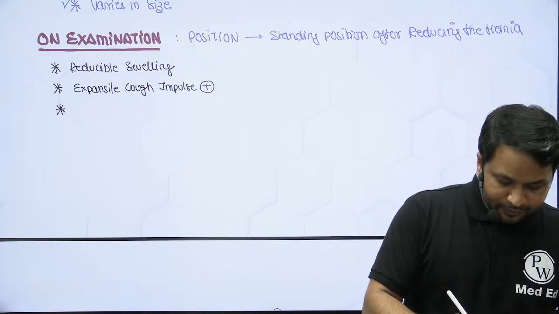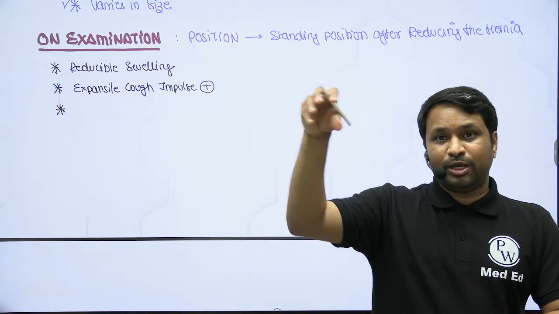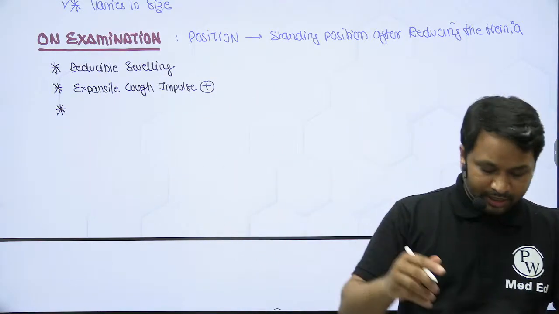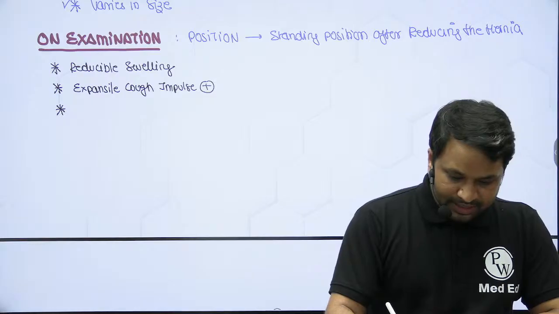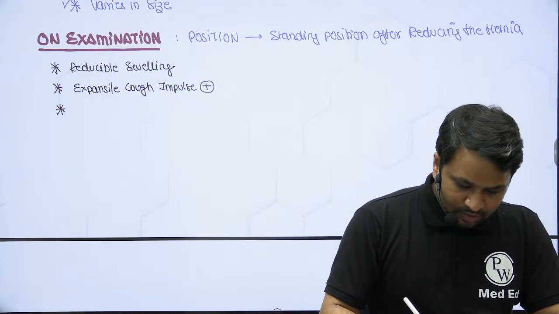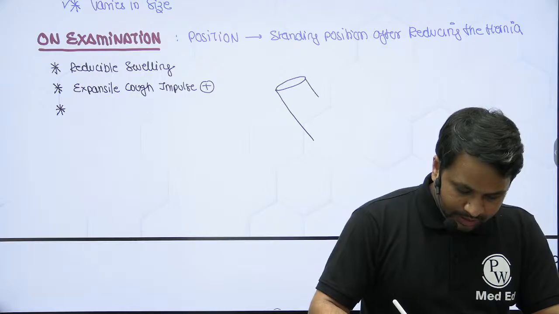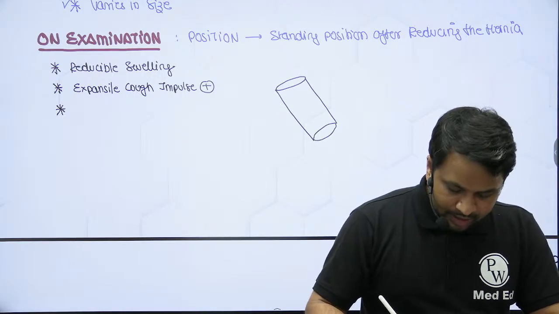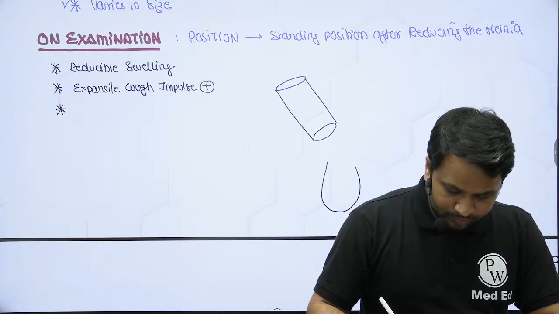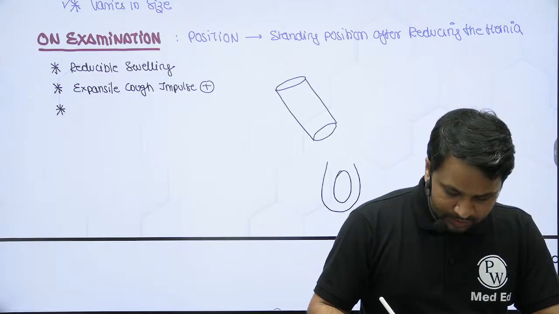Now, if the swelling is only reaching the deep inguinal ring, just for the sake of understanding, if this is the deep inguinal ring, this happens to be the superficial inguinal ring, and let's say this is the scrotum, and this is the testes which is present here.